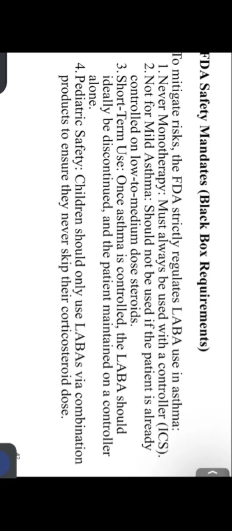Once asthma is controlled, the LABA should ideally be discontinued and the patient maintained on a controller alone. Number 4, pediatric safety. Children should only use LABAs via combination products to ensure they never skip their corticosteroid dose. Next slide, please.